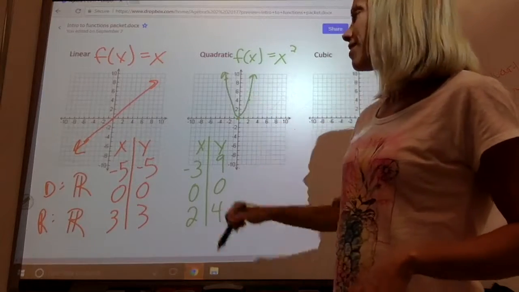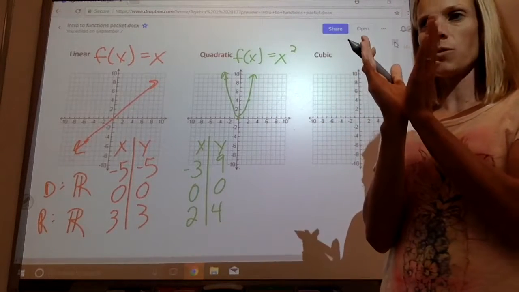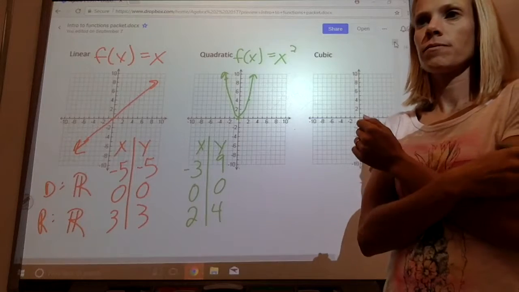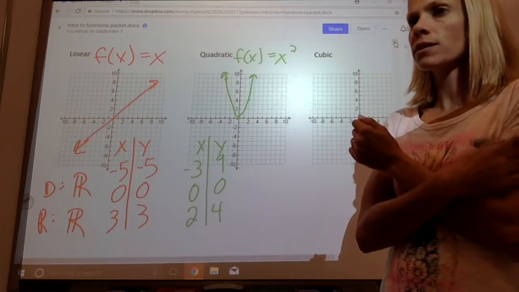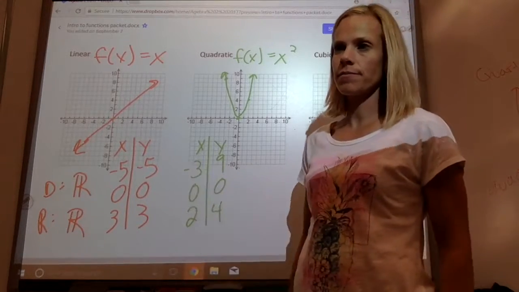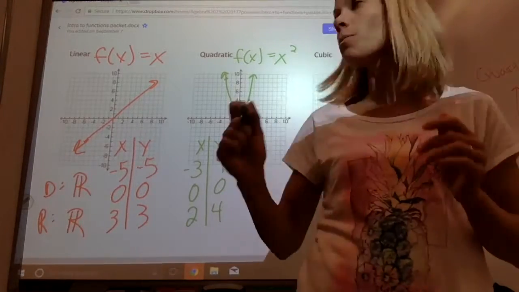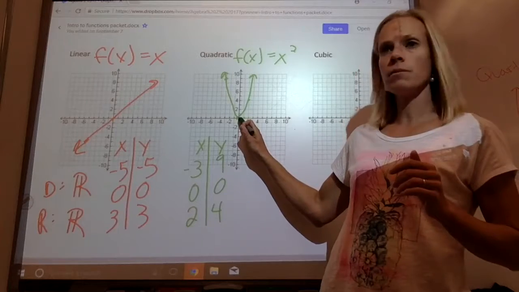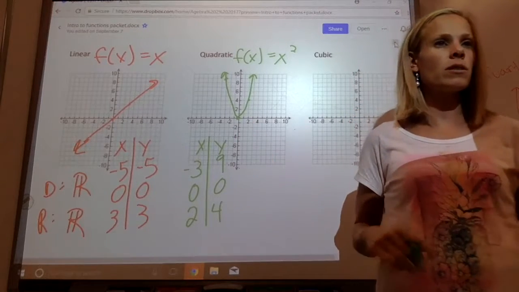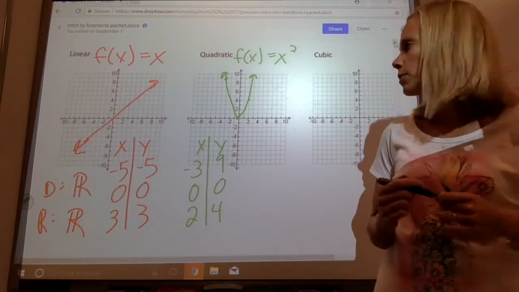You might want to get some negatives though, because you're going to want both sides of that U. You'd want 0 for sure, 0, 0 for sure, because that is, remember, your minimum. Remember, you have a minimum on a parabola. So 0, 0 you'd want to make sure you have that point.